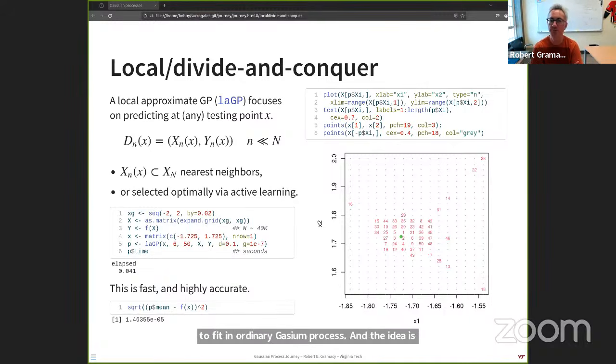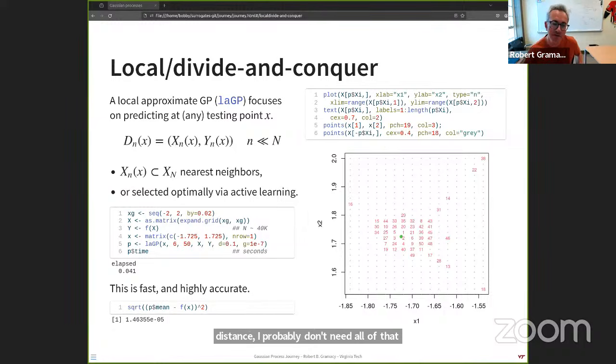It focuses on prediction. So if I want to make a prediction at any testing point, little x, I could use all of my training data to form that prediction, but since my covariance structure is decaying quickly as a function of exponentiated inverse distance, I probably don't need all of that training data.